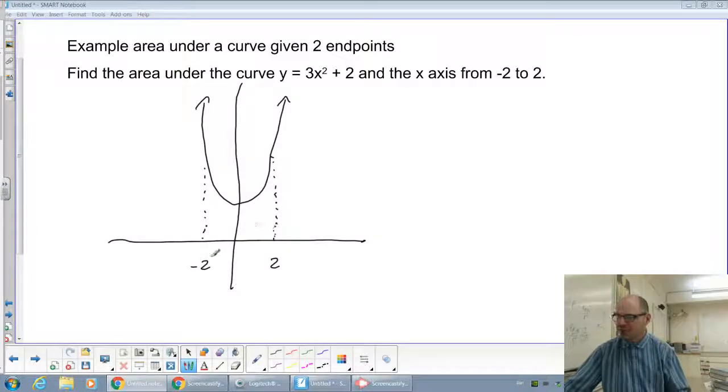Okay, so what we have to do then is we don't have to worry about finding the intersection points, because we know that the intersection points are at -2 and 2 for x. So what we do is we just use the fundamental theorem of calculus.